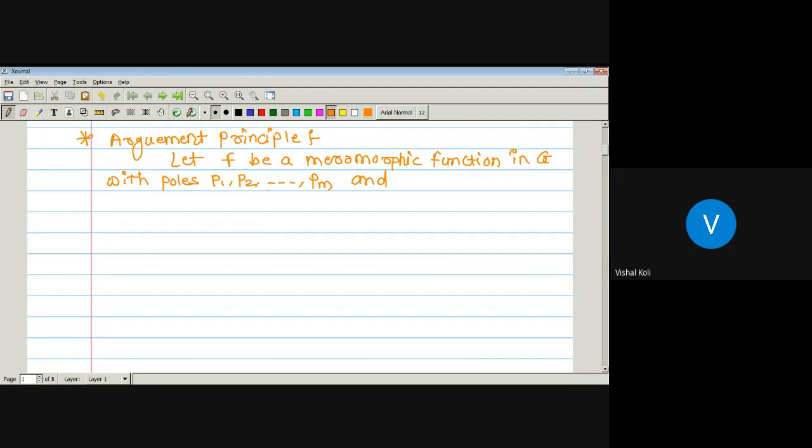That one is nothing but P1, P2 up to so on Pm, and zeros Z1, Z2 up to so on Zn, counted according to their multiplicity.